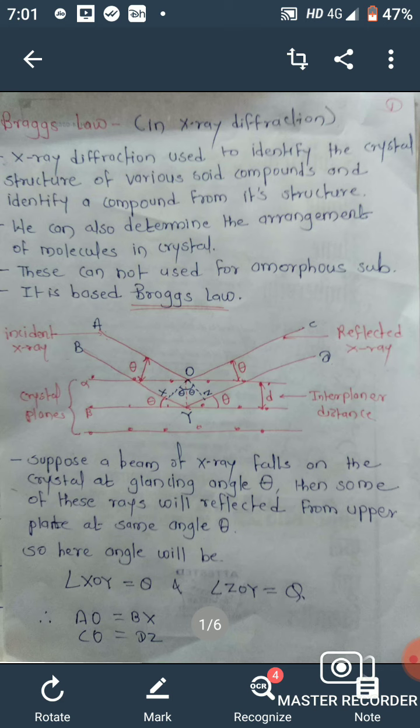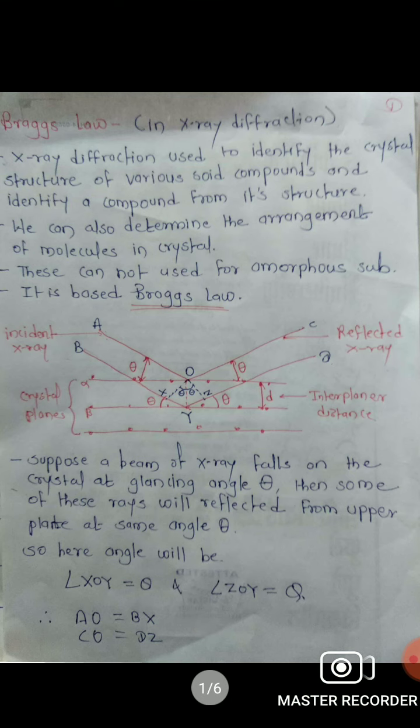Suppose a beam of X-ray falls on the crystal at a glancing angle theta, then some of these rays will be reflected from the upper plane at the same angle theta. So here angle XOY is equal to theta and angle ZOY is equal to theta.